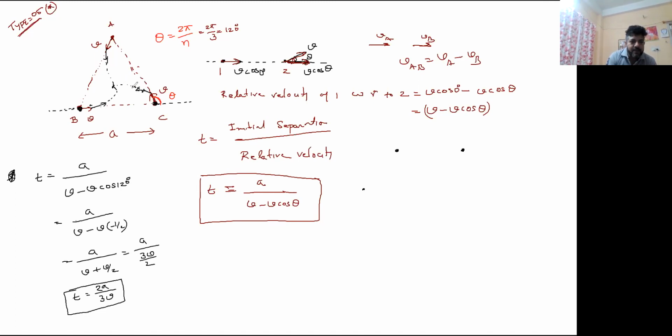Okay. Like this. Okay, everyone. Similarly, suppose you have 6 particles, hexagon A, B, C, D, E, F.